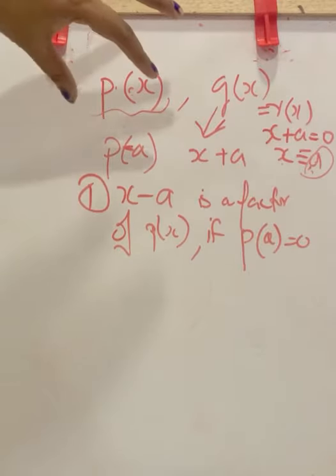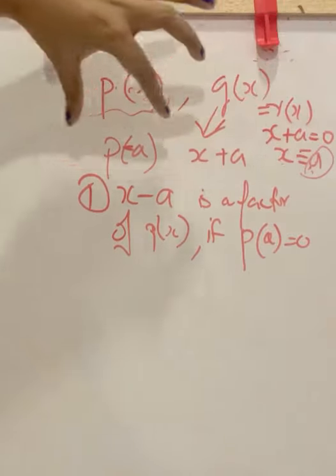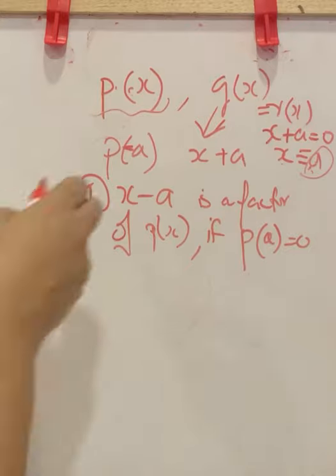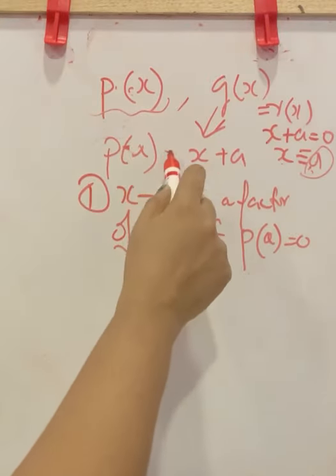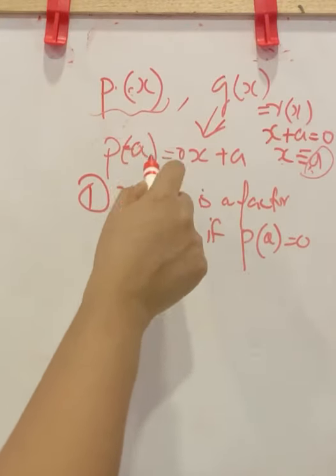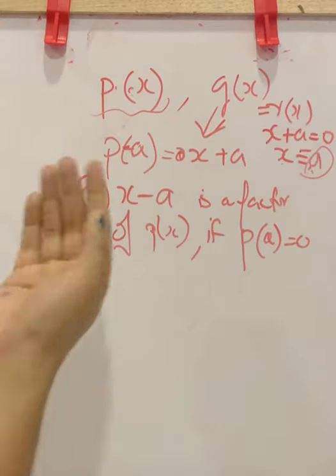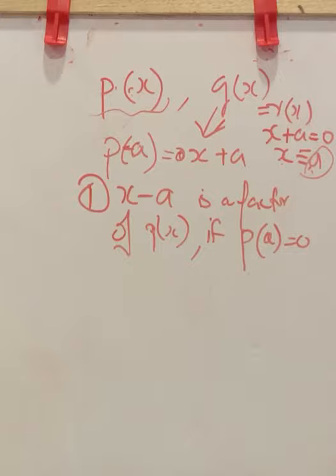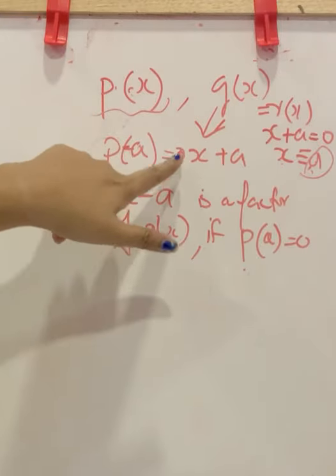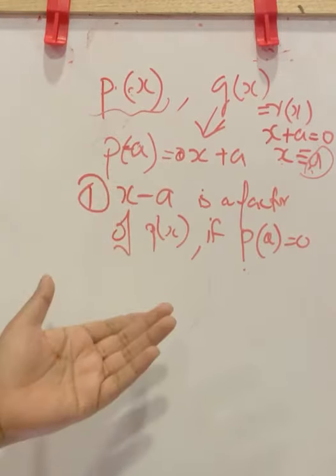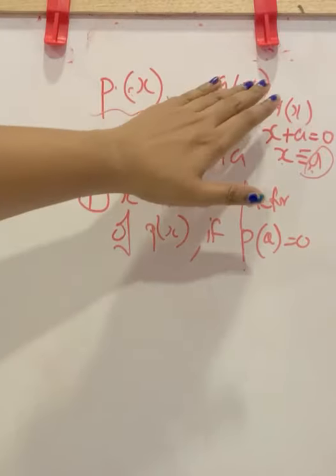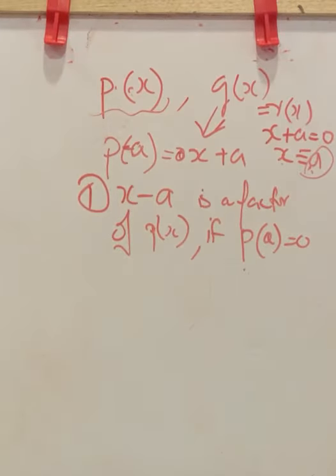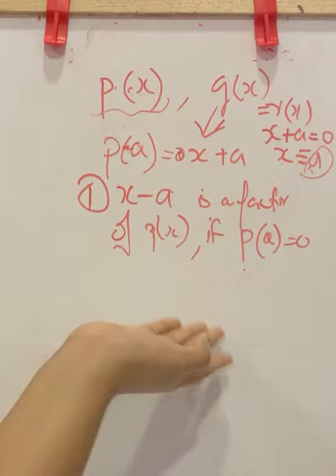Now, if this remainder becomes 0, that is, if we find p of a, or p of minus a, and it is 0, then we can say this divisor is a factor of the given dividend. If it is not equal to 0, that is, any constant value, then you can say this is not a factor of this polynomial. We can write the statement in reverse also.